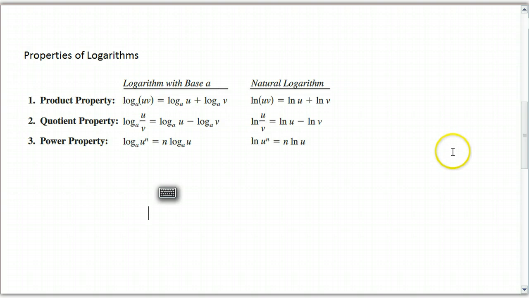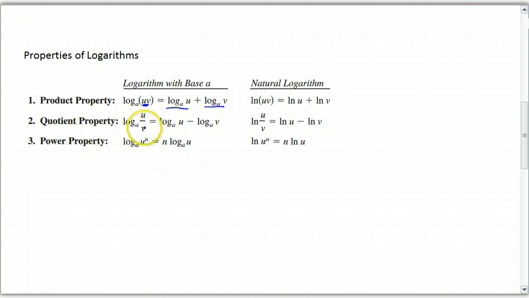Okay, and then we have these three important properties of logarithms: the product property, the quotient property, and the power property. So the product property says that if I have the log of a product, I can split that up into two logs that are added together. So the log of u times v is equal to the log of u plus the log of v. And it doesn't matter what base we're working with, if it's a or e or 10 or whatever.